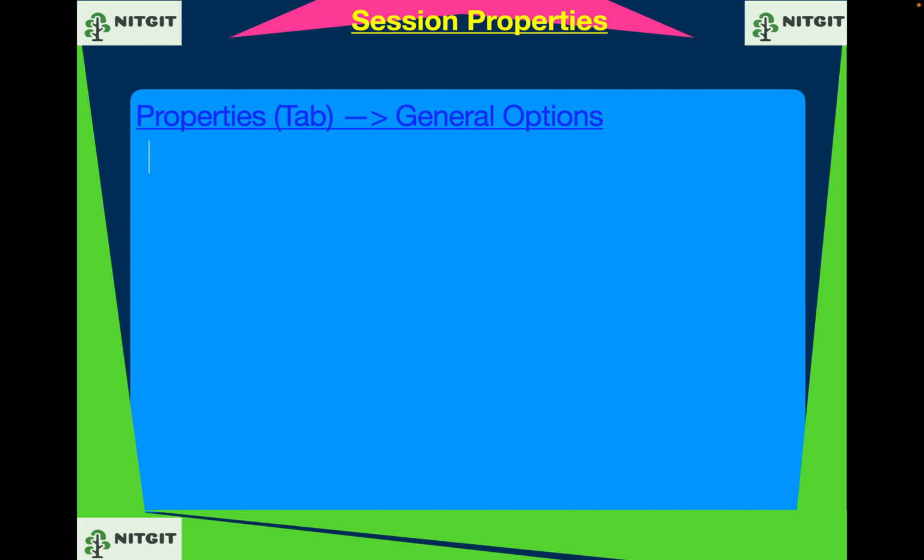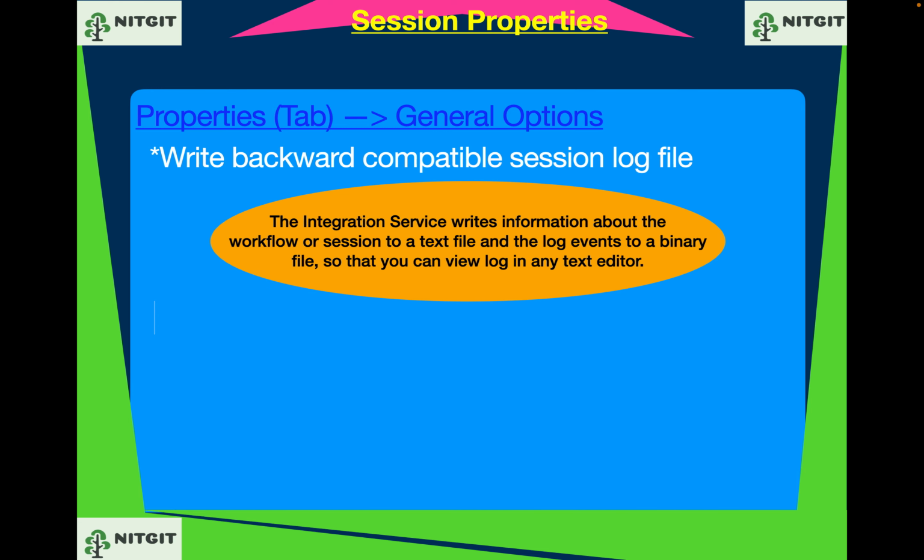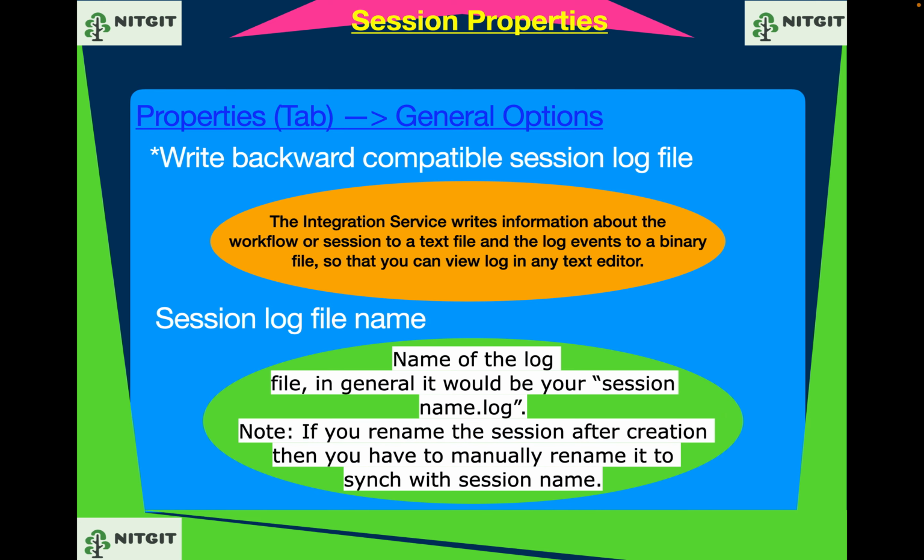Let us see the first property, write backward compatible session log file. The Integration Service creates a log file of each and every step executed during the session run. The Integration Service writes the information about the workflow or session to a text file and the log events to a binary file, so that you can view the log in any text editor.